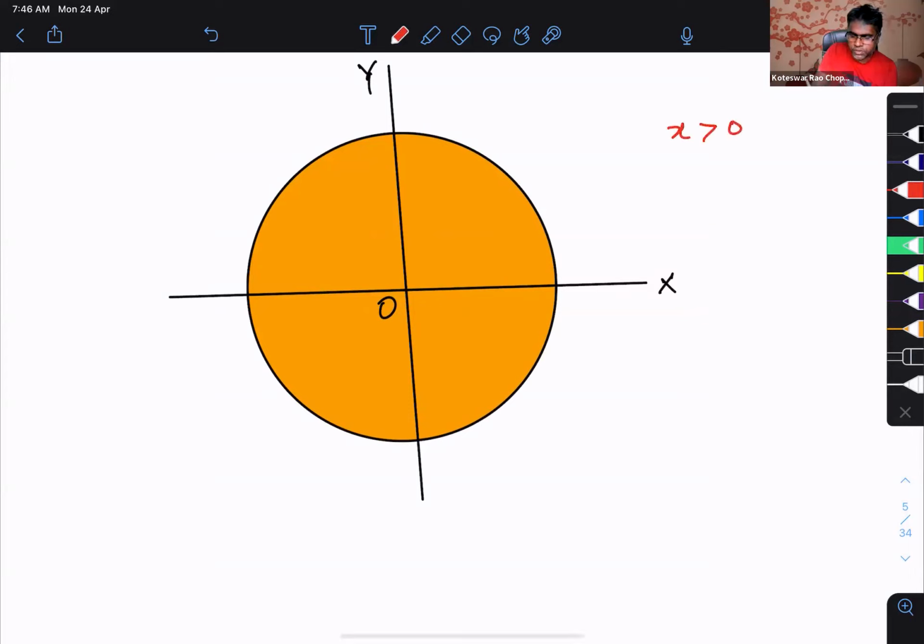So if I do minus x, that indicates that I'm actually traveling in the clockwise direction to some point, let's say A here. Okay, so this angle, okay, so this is basically minus x.